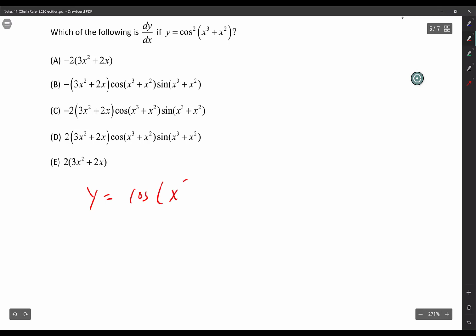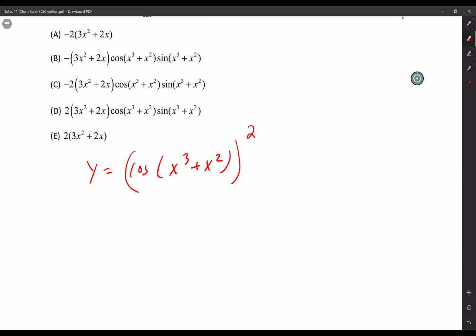Cosine of x cubed plus x squared, all of that is raised to the power. Did you get it like that first of all? Okay, so you gotta make it look like this. Unless you see it, like once you're a professional and you've been doing this for a while, you'll see it automatically. So by the second semester, you'll see it and you'll just write the 2 in the front.